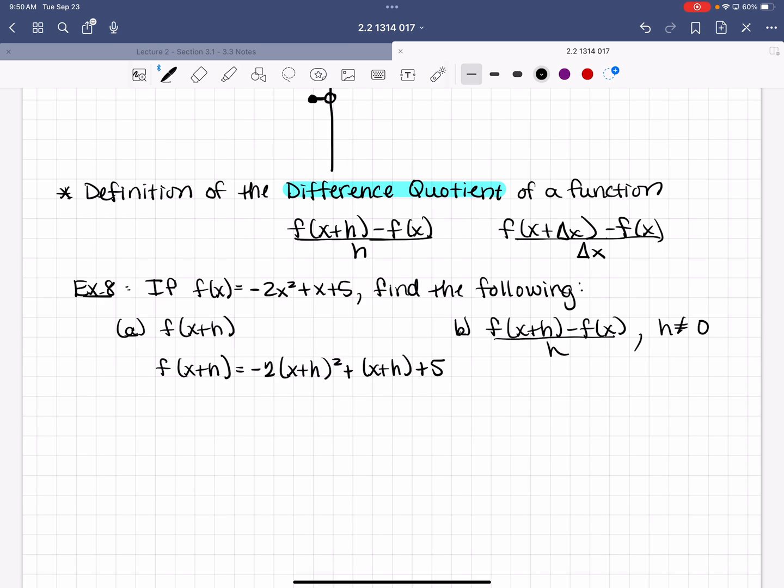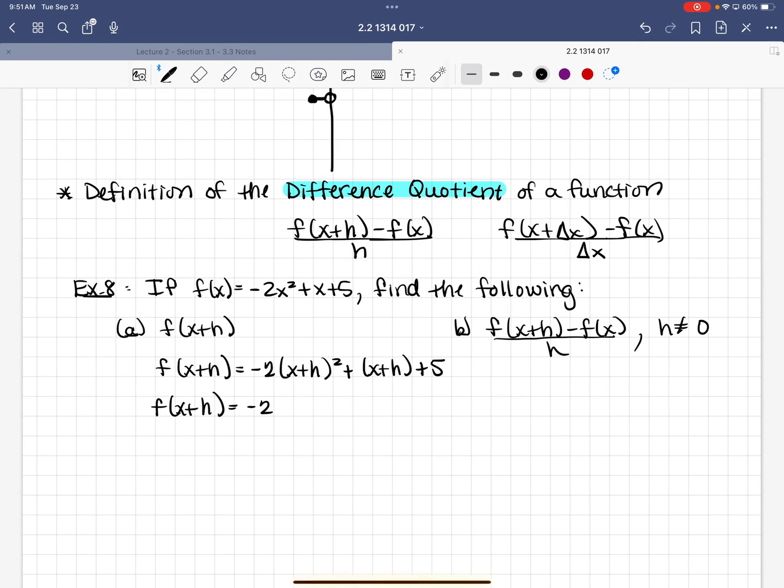All I did was take that x out and put in x plus h. That's all I did. You did something very similar when we were doing function notation and we had the 3a. We put in 3a instead of just 3. That was getting you ready for it.